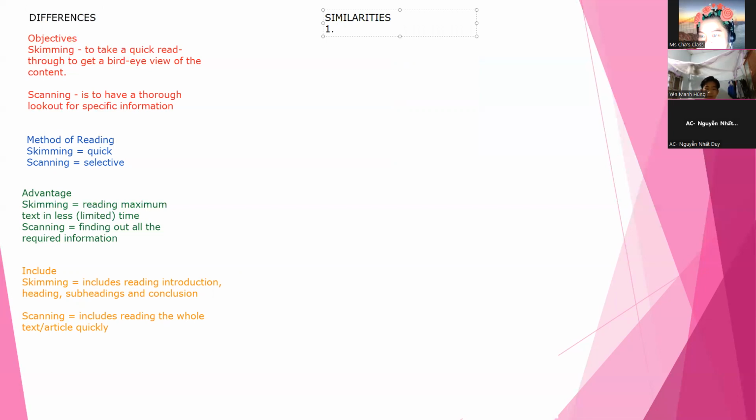Similarities meaning what makes them the same. What makes the two of them the same? Similarities, equal. So with this one, the similarity is that both of them are quick reading techniques.